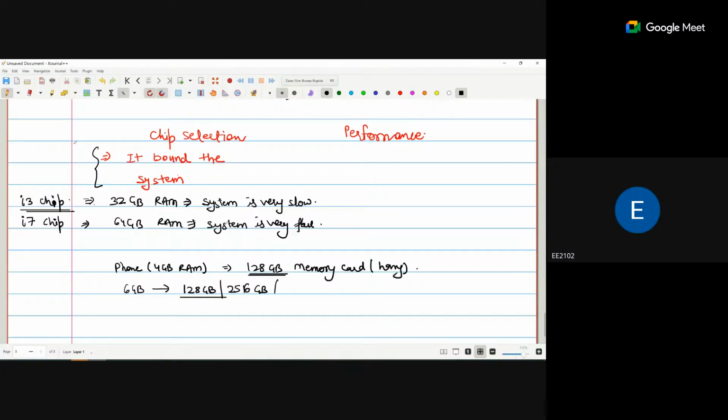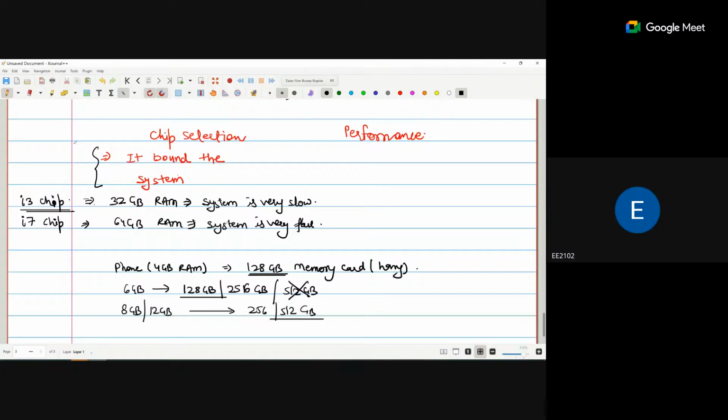It will not provide 512 GB memory because it will hang. If you go up to 512, you either purchase 8 GB RAM or 12 GB RAM. They will support 256 and 512. So that's why chip selection is important.